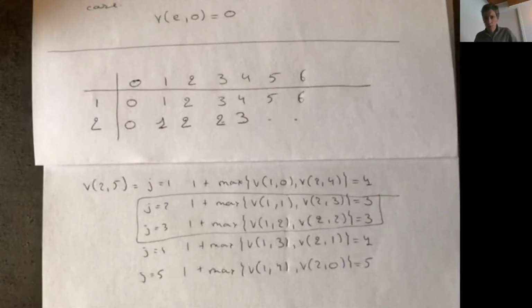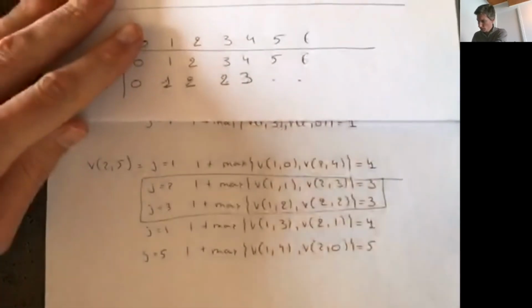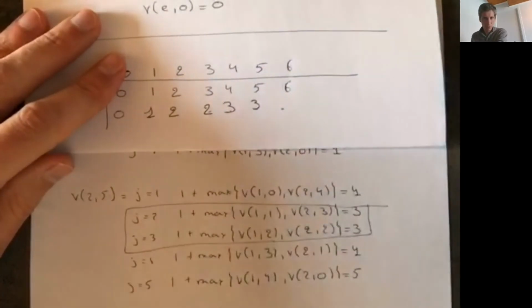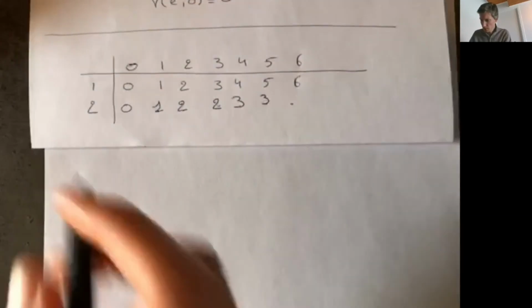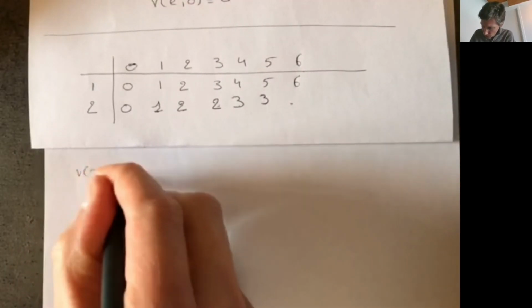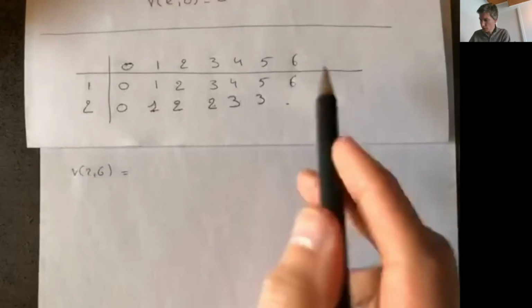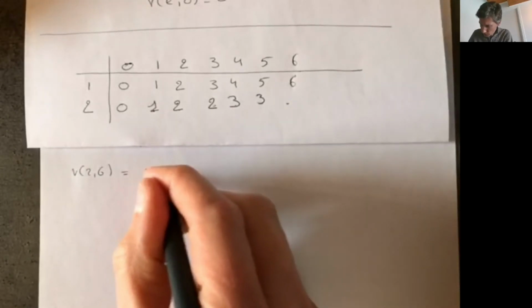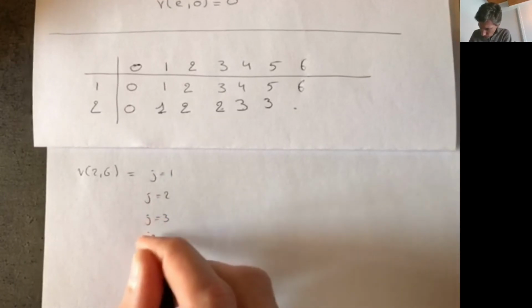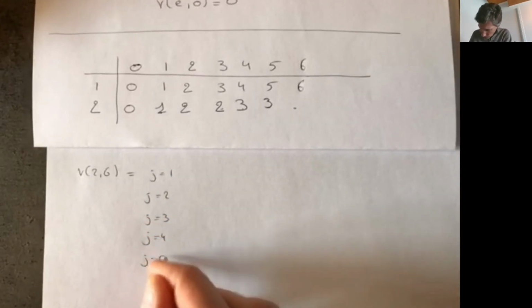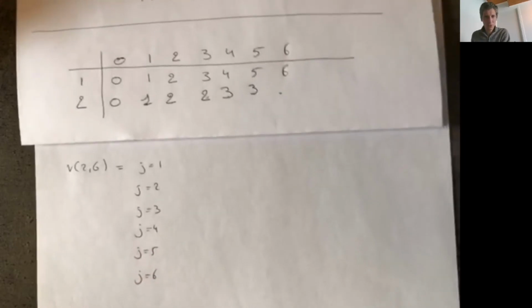Okay, so this was 5 floors, and then finally, so here I have to put 3, right? And then finally we have v2,6. I have 6 possible options: floor number 1, floor number 2, floor number 3, floor number 4, floor number 5, and floor number 6.